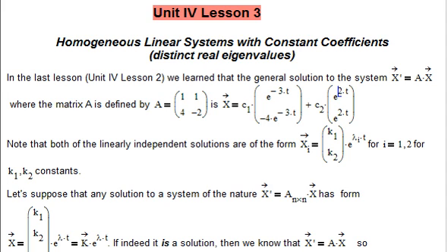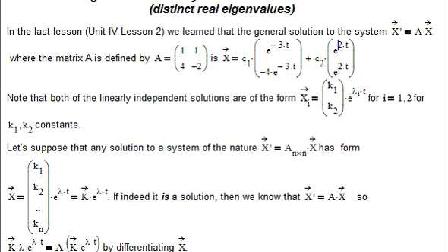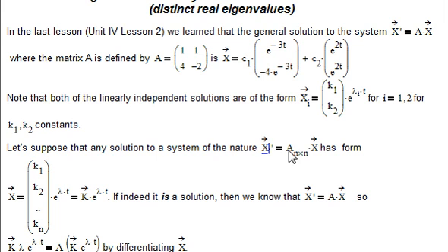So if we make the supposition that any solution to a system where you have a derivative vector equal to an n by n matrix times a vector has the form of a series of constants times e to the lambda t, we could call that vector of constants vector k times e to the lambda t. If indeed it is a solution, then we know that x prime is equal to A times x.